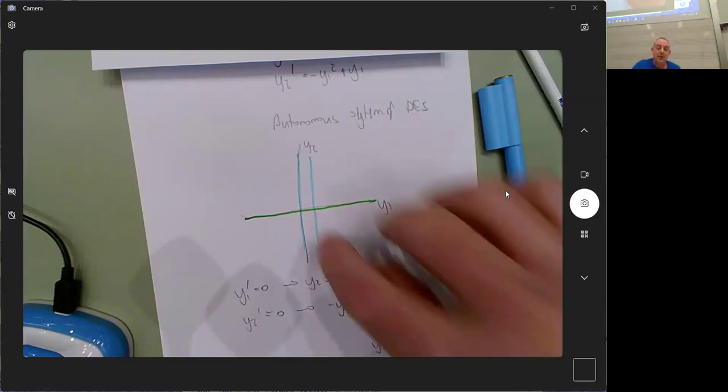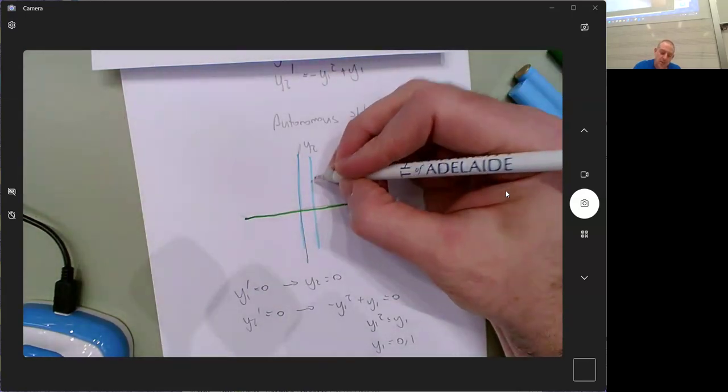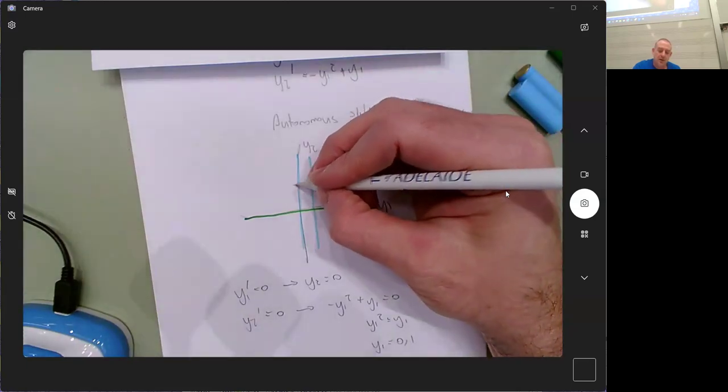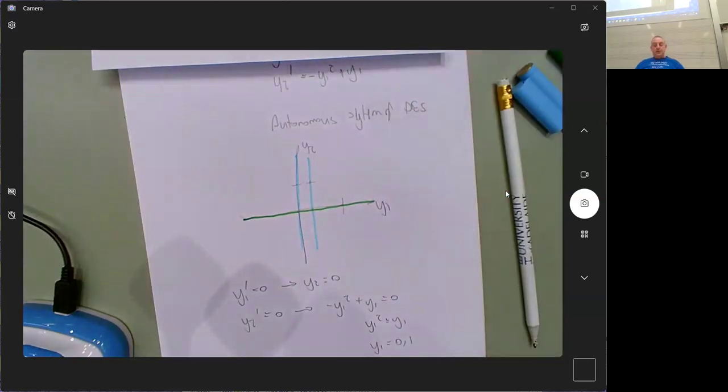And so what that's telling me is, these ones are the ones for y2, which is saying that I'll move this way if I'm on these points, because the y2 doesn't change, and you won't move if you're at these points here. But the problem is that y2 is actually the derivative of y1, so it's difficult to interpret what this means.